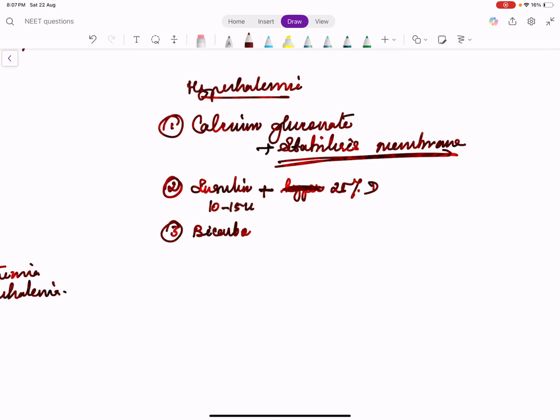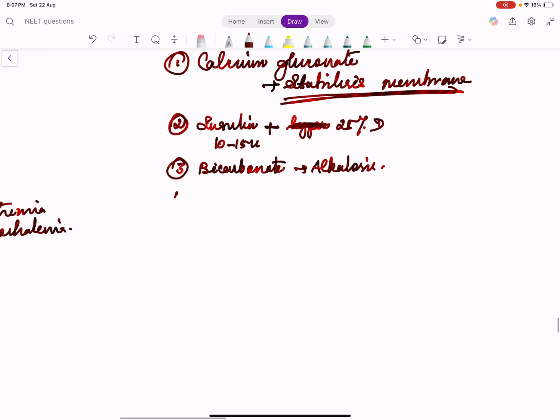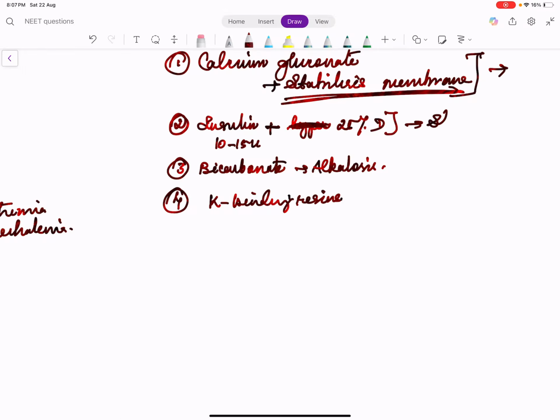Sodium bicarbonate causes alkalosis, and alkalosis will shift the potassium into the cells. Then we excrete the excess potassium by giving potassium binding resins. Okay, so the first step is to stabilize the membrane. Next is to shift the potassium. Third is treating the cause.